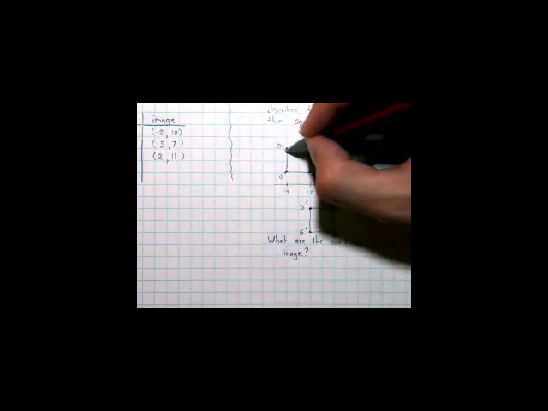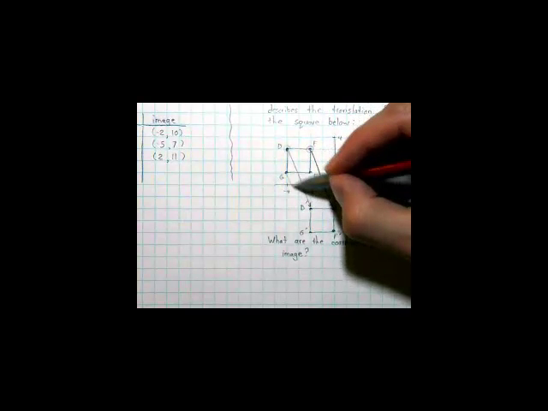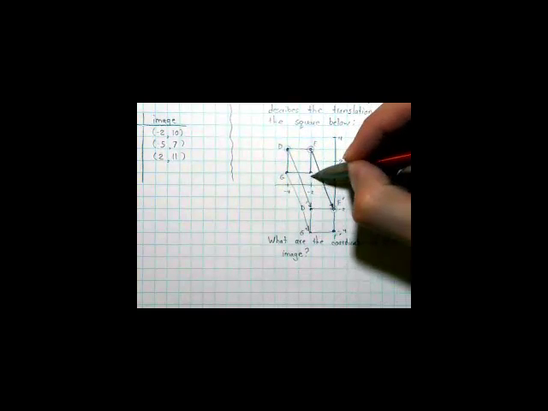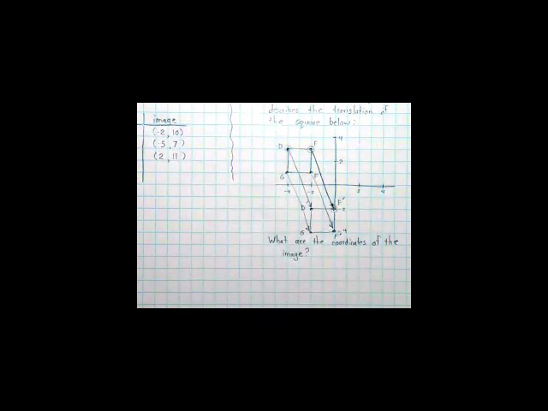Each one of these points, you put that same vector onto it, and it's going to go over 2, down 5, boom, pointing right to that one. Over 2, down 5, boom, right to that one. Over 2, down 5, and boom, right to that one. So you got all these vectors pointing right to here, right to here, right to here. How do you do this problem, though, without actually having to draw the image?